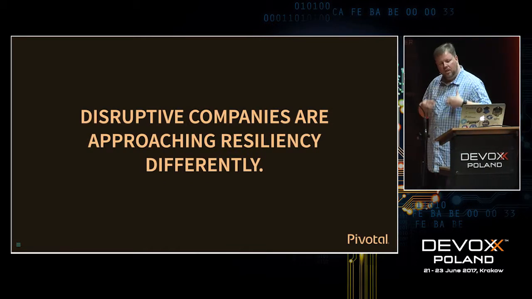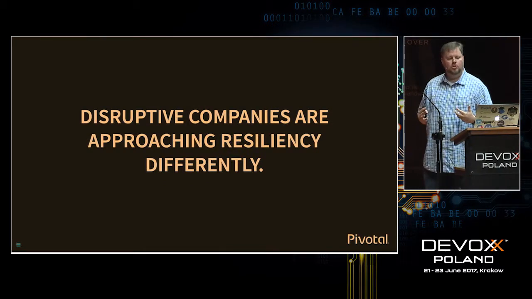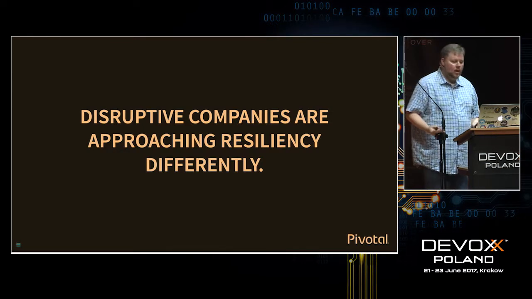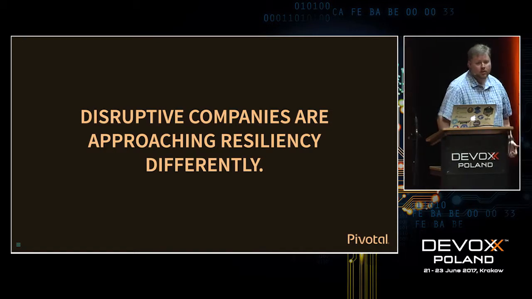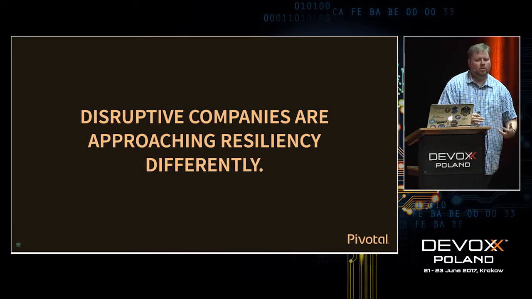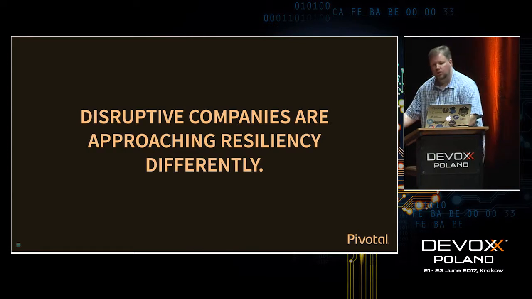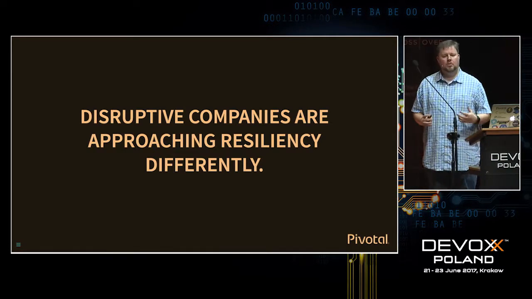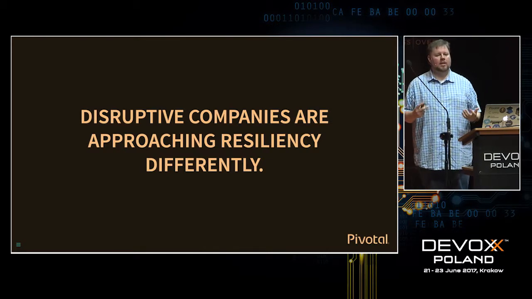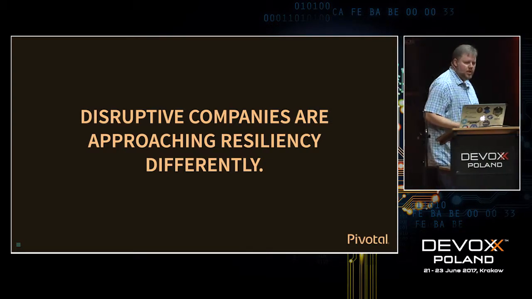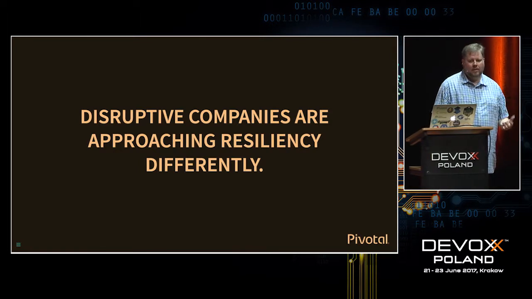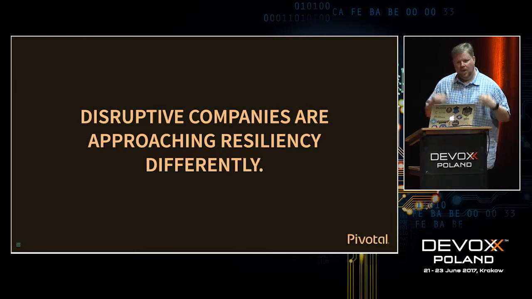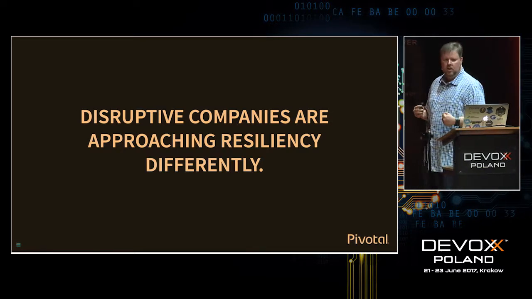If you think about the approach that we've had up to this point, usually it's about mistake prevention. So if we just do a little bit more testing, a little bit more release engineering, a few more reviews, a few more approval processes, then we'll be able to prevent things from happening. And the problem is we don't prevent things from happening. And then we create this process that's pretty heavyweight and makes it hard to get changes into production.